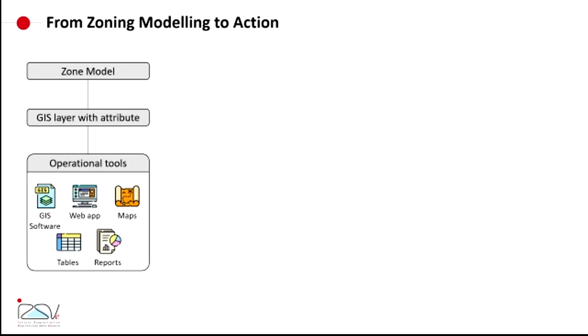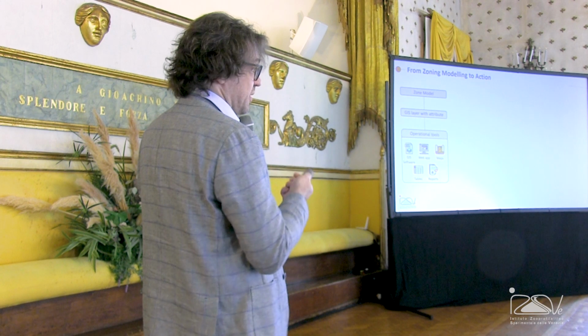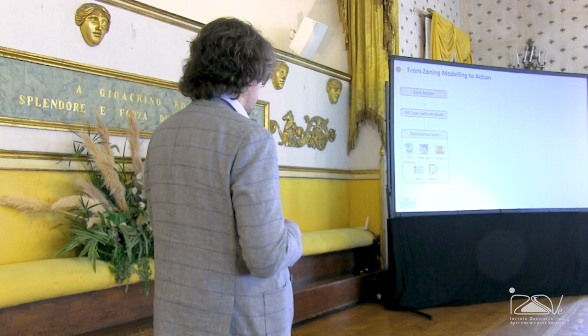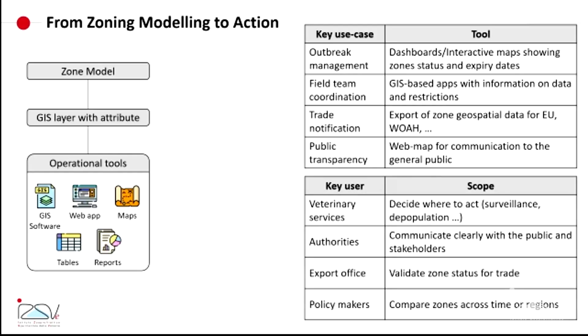Okay, so we have our logic flowchart for creating zones. Once you have the zone model, you have the geometry associated to the zone, you have the operational tool, the one that you use for transmitting data. Key users can use those zones.